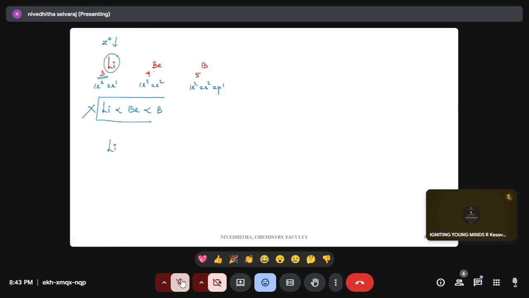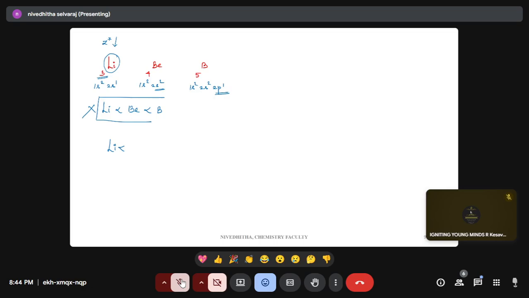But as far as beryllium and boron are concerned, here the valence electron is present in S subshell. Here the electron is present in P subshell. Tell me from which subshell we can remove the electron easily. Is it from S subshell or from P subshell? Which will have lesser ionization potential?